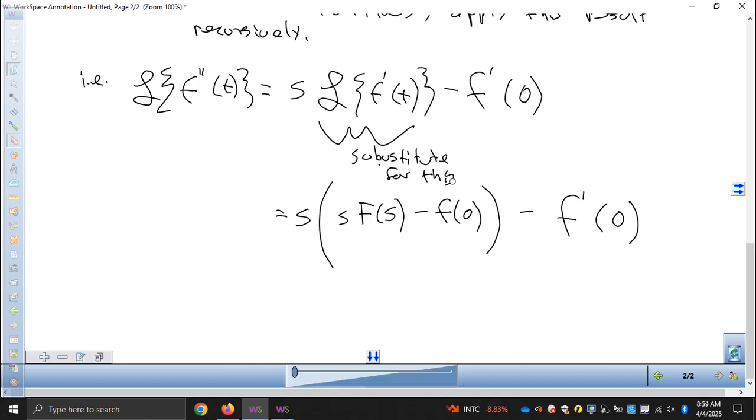And we could continue to do that for the third and fourth derivative. So now we have a way to take the Laplace transform of derivatives. Right, questions?